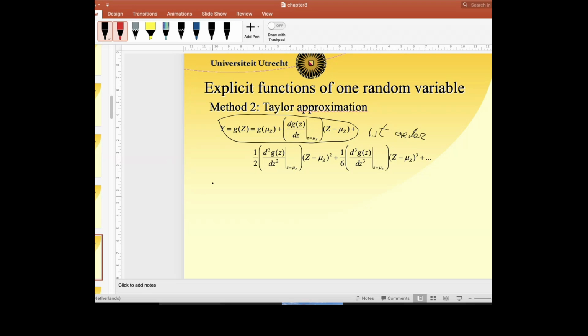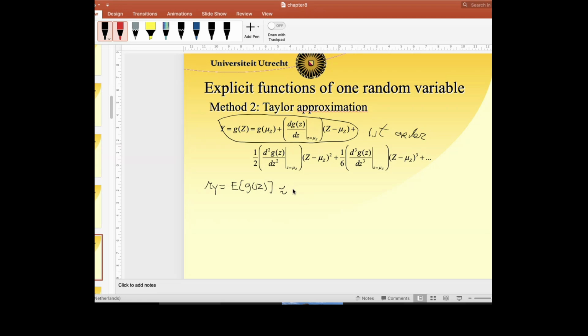Okay, so let's do that. For the first order, we first calculate the mean of y, which is the expected value of g(z), which is approximated at first order by taking the expected value of this one.